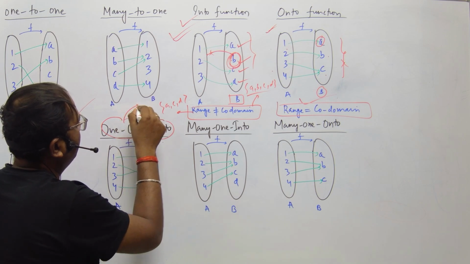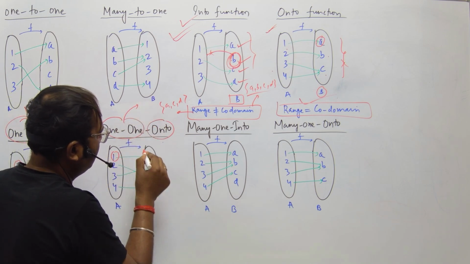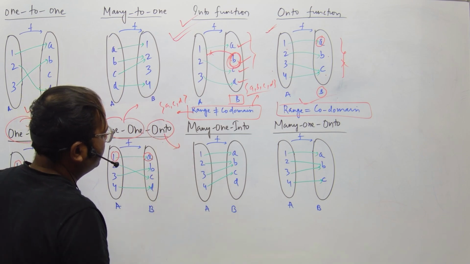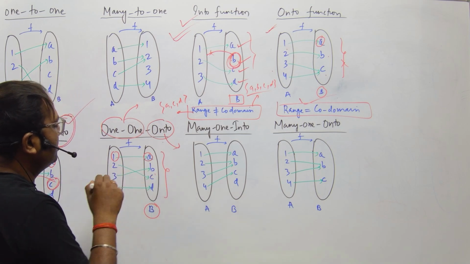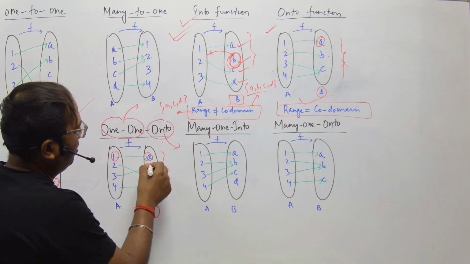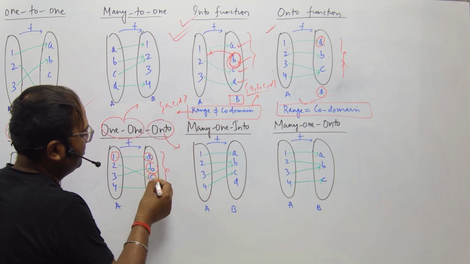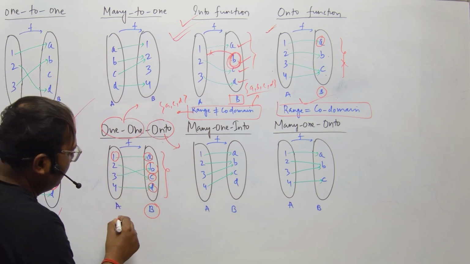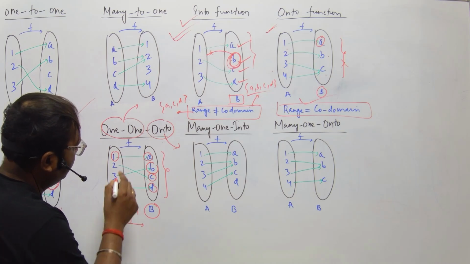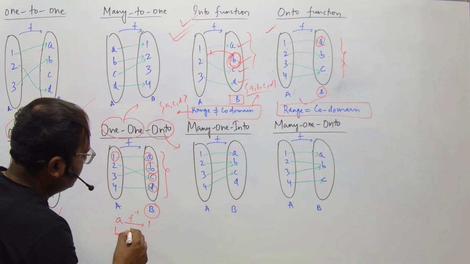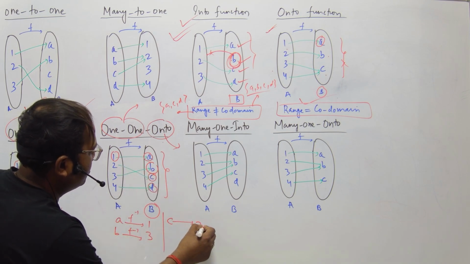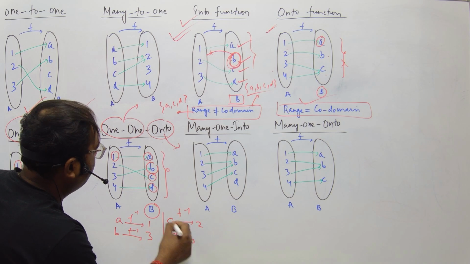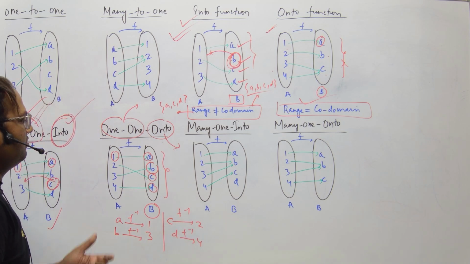In case of one-to-one, a single element is getting mapped to a single element, and in case of onto function, there does not exist any element in set B which is not having any pre-image in set A. So here all the elements, that is A, B, C and D, are having pre-images in set A. A is having pre-image F inverse of 1, B is having pre-image 3, C is having pre-image 2, and D is having pre-image 4. So every element is having a pre-image.